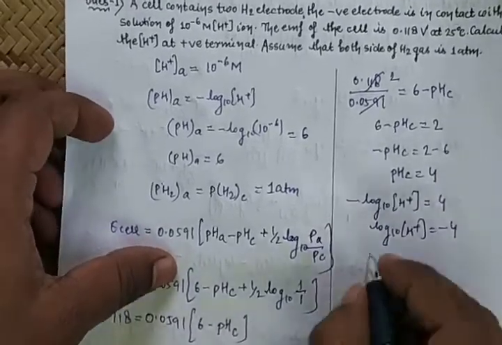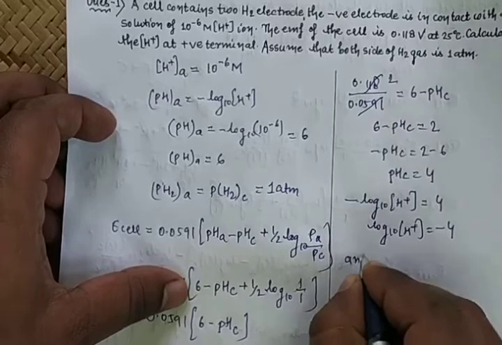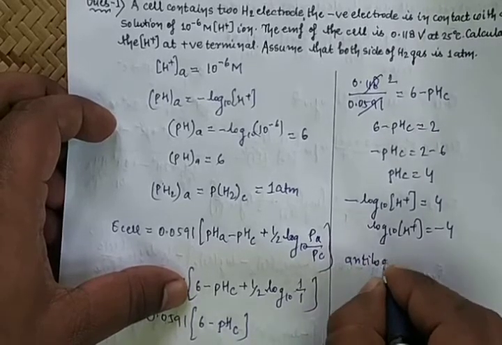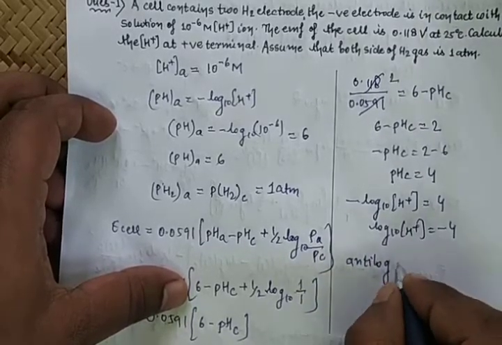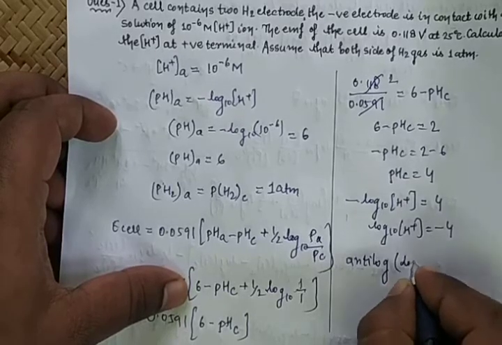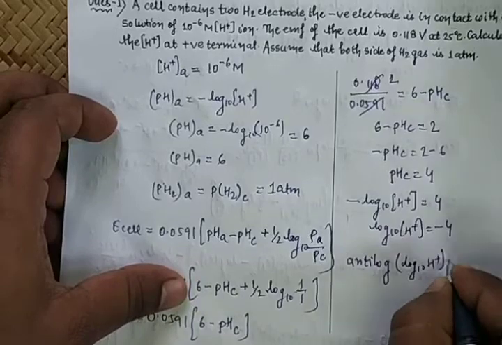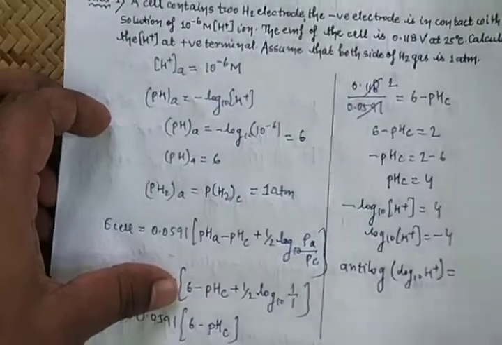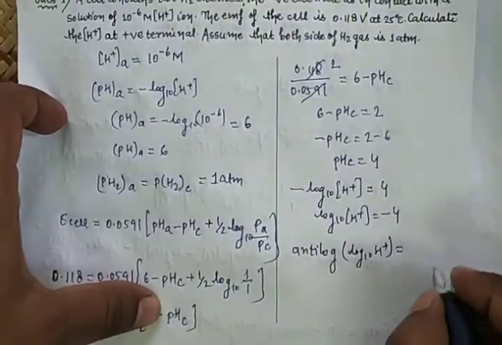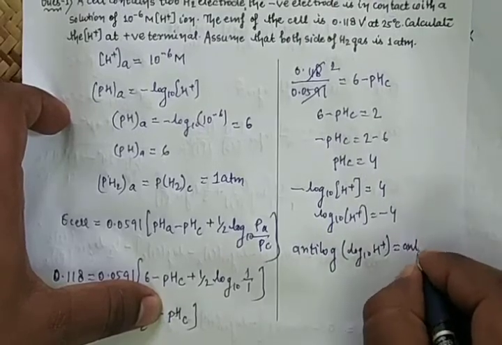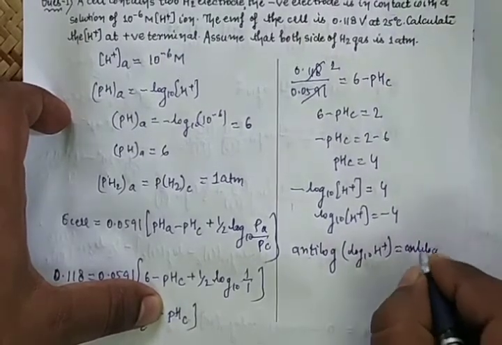So this is a trick. You take the antilog on both sides, so H+ concentration is equal to the antilog of minus 4.